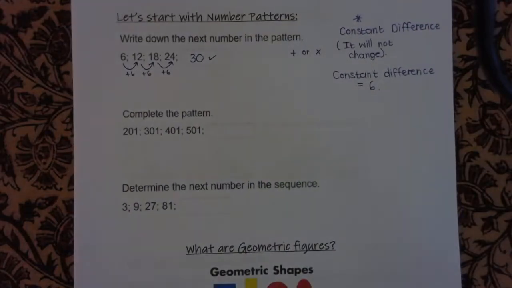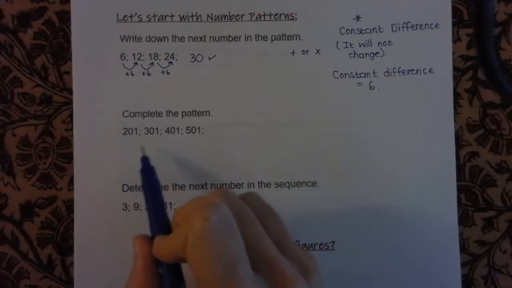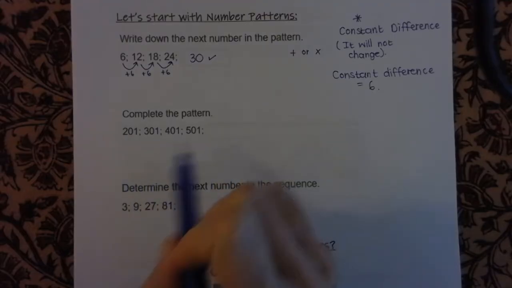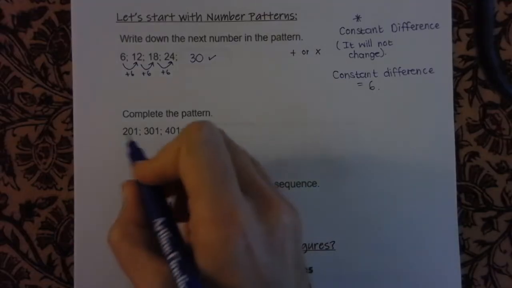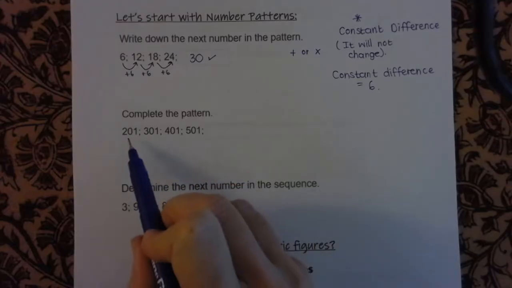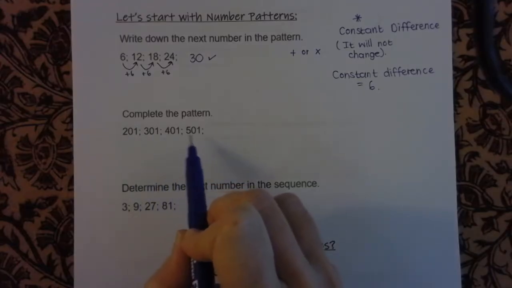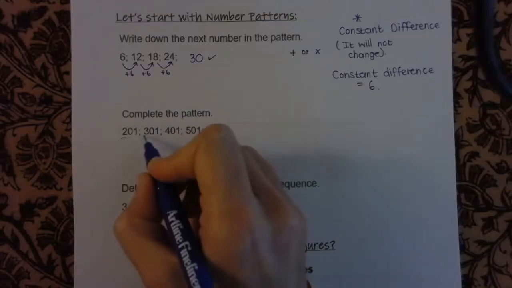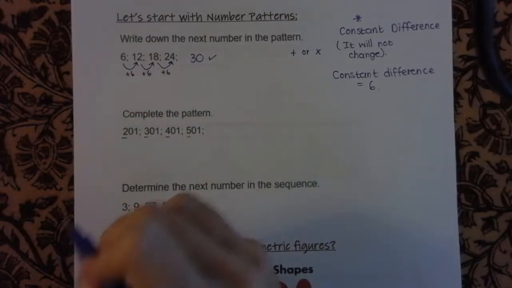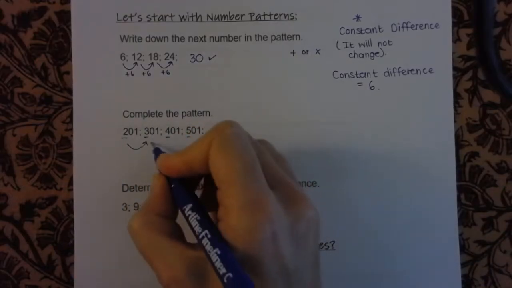So now we always start with a constant difference. Do we have the same number that we add or subtract every time? Okay, so if you look at these numbers, you have 201, 301, 401, 501. So the only thing that's changing here are the hundreds. So what are we adding every time?